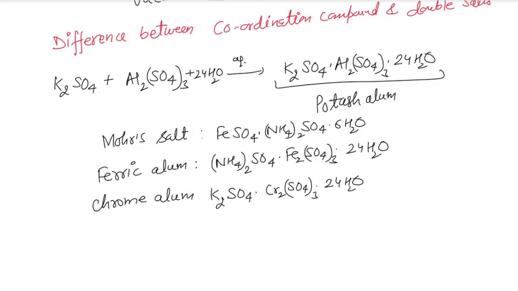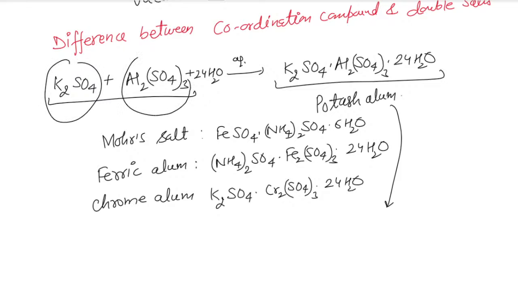Now, potash alum is formed by mixing two saturated solutions of potassium sulfate and aluminium sulfate, two compounds, okay, and evaporated to dryness.